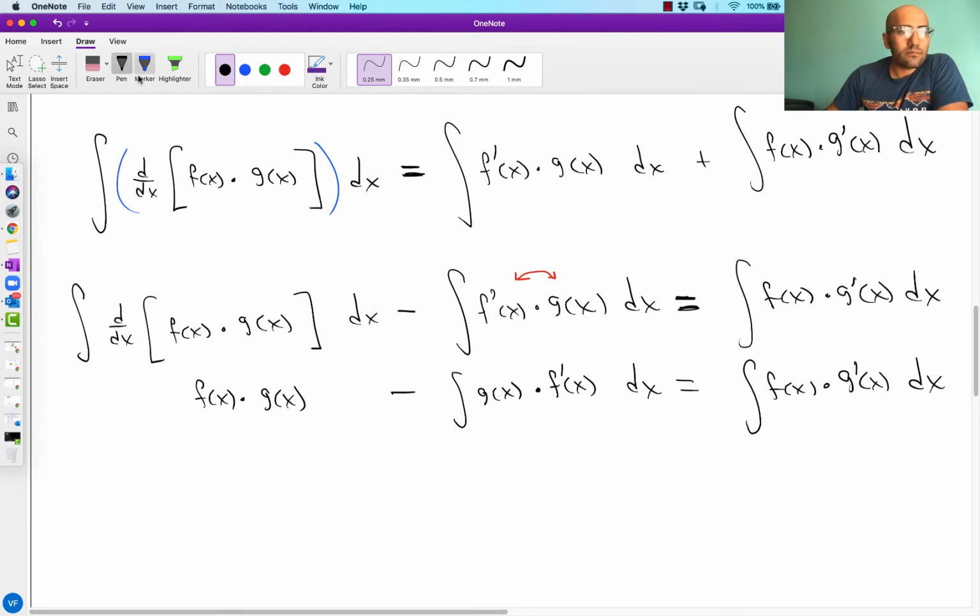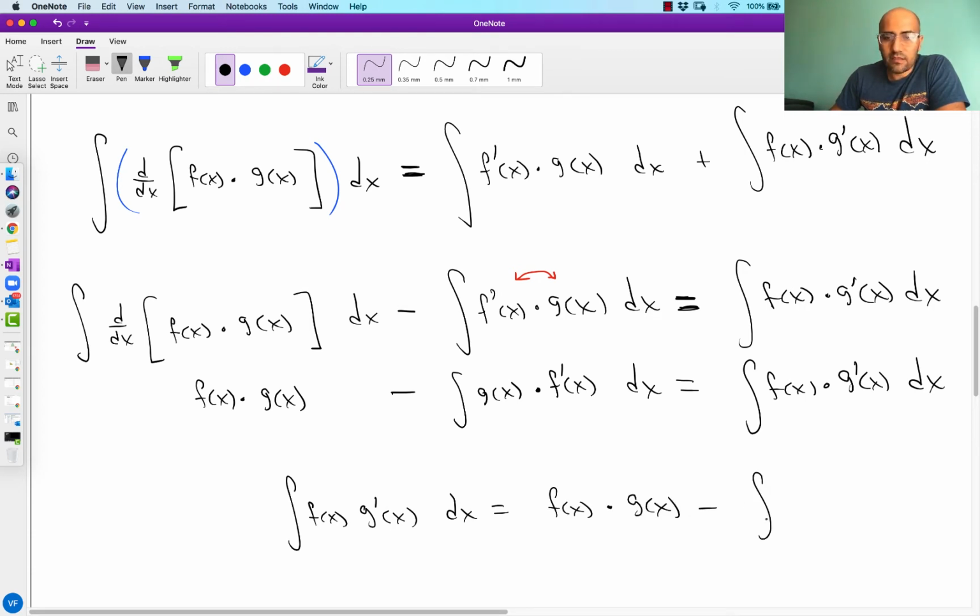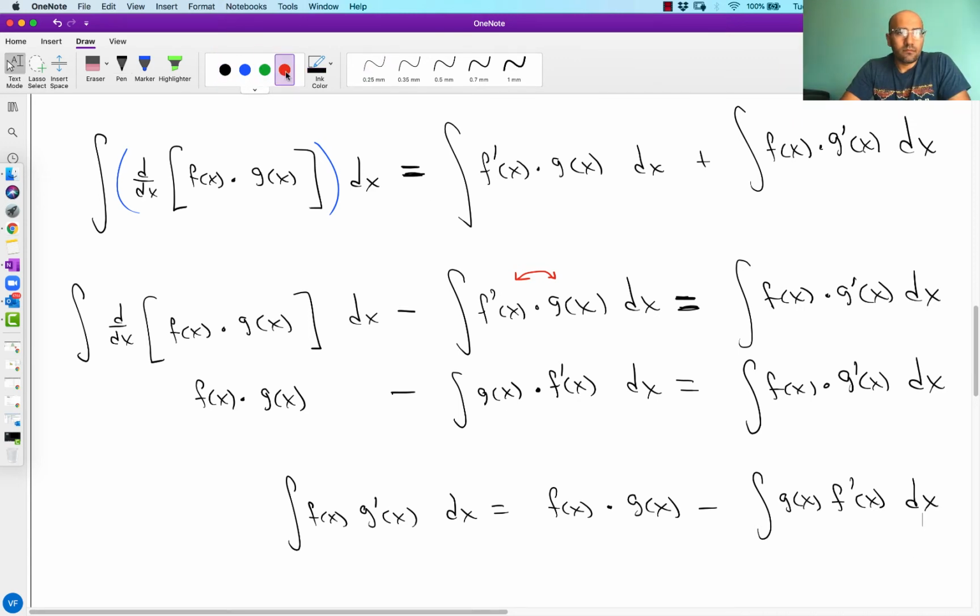So this statement right here is equivalent to saying that the integral of f of x g prime of x dx is equal to this minus that, which is going to be equal to f of x times g of x minus the integral of g of x f prime of x dx. And that's it. This is the formula for integration by parts.